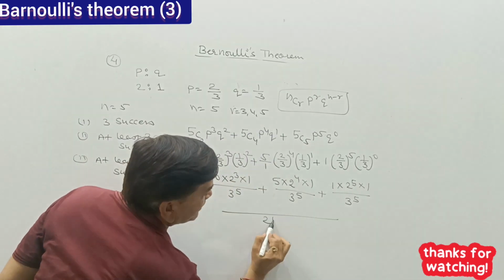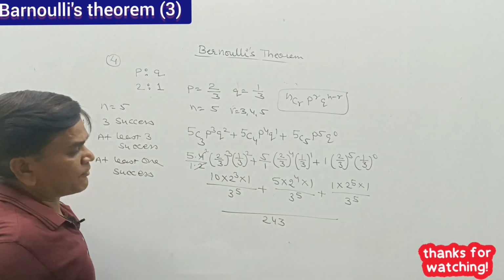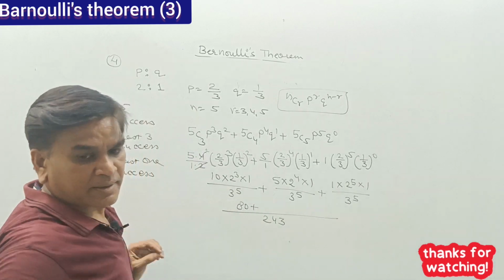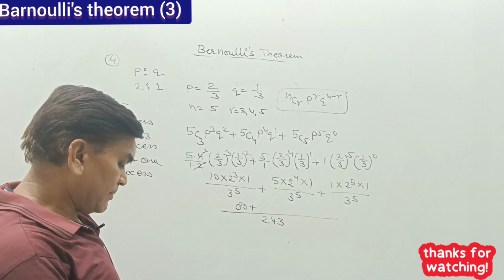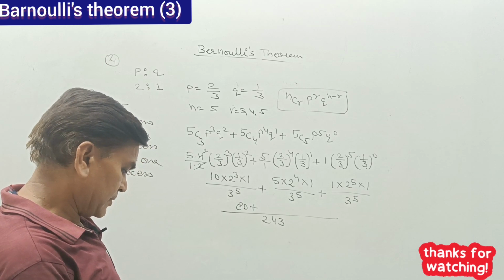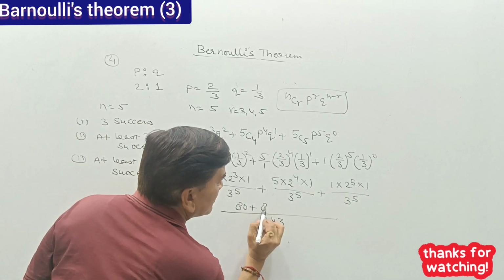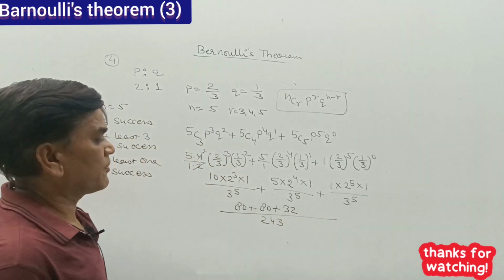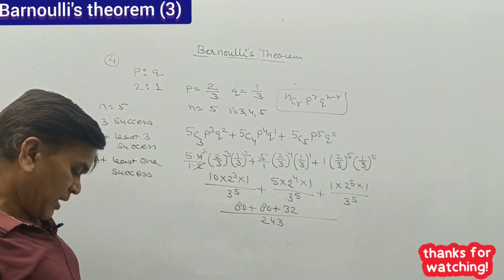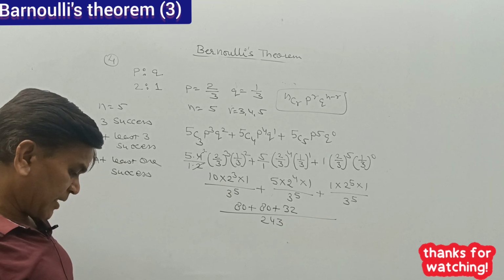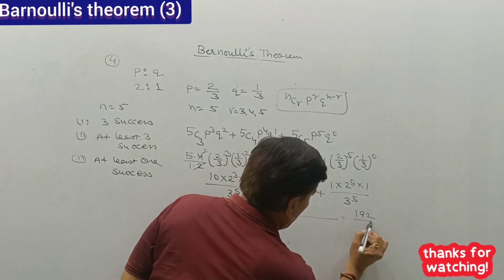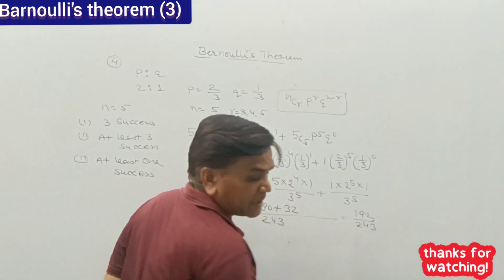So the denominator is 243, 3 raised to power 5. The first one is 80. The second one is 16 multiply 5, that is also 80. And the third is 32, 2 raised to power 5. So 80 plus 80 plus 32 is 192 upon 243.